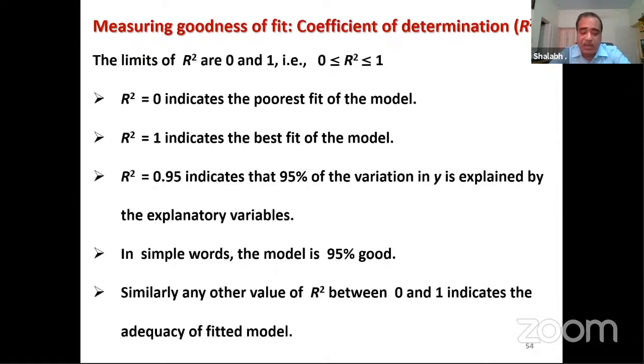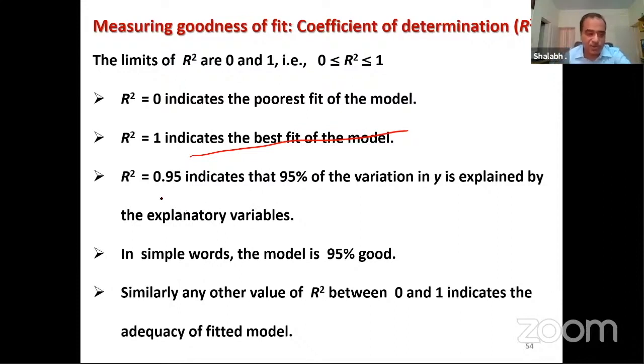In simple words, R square lies between 0 and 1. R square equal to 0 indicates the model is extremely bad. That is the poorest model. Similarly, if you take R square equal to 1, this indicates that the model is actually the best model, but this model is only with God.